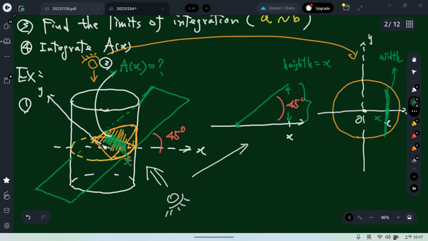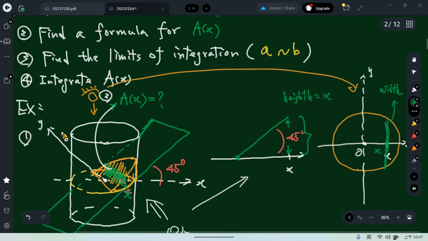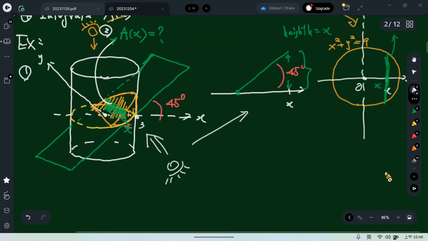So if this is x, this is x, and because it's a circle, right? Based on the problem, it's a circle with a radius of 3. That means here is 3. So if you want to get the width, it will be the square root of 9 minus x squared, times 2.